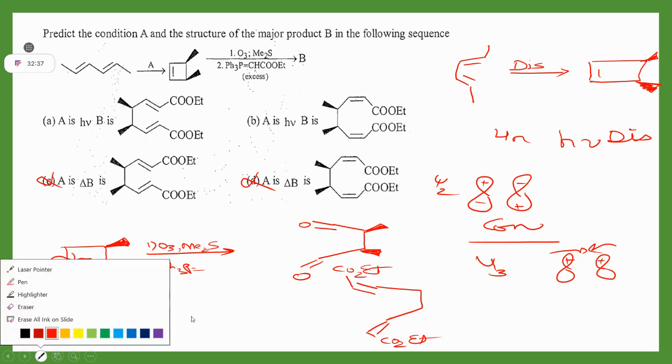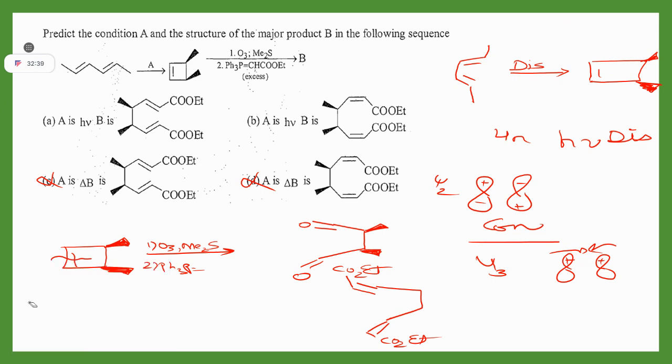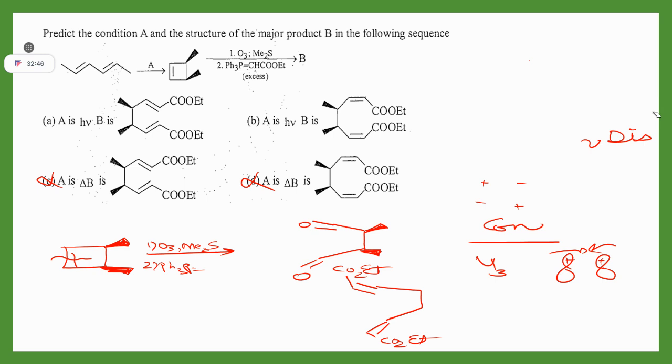Let me draw it right hand side. We know very well that there are two types of ylide. If that carbanion is stable, then it is known as stabilized ylide, and if it is not, then it is your unstabilized ylide. Stabilized ylide gives E product and unstabilized gives Z alkene. So this you should know.